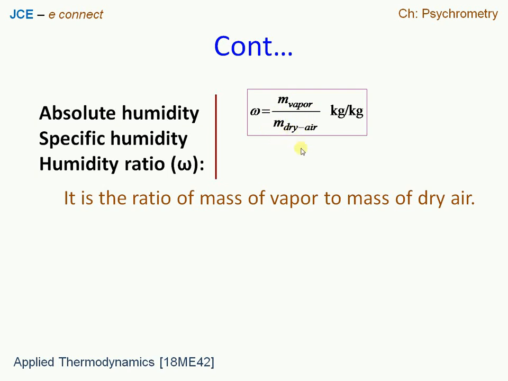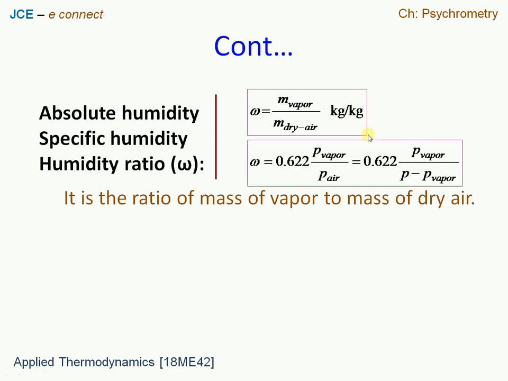Atmospheric air is most of the time a combination of dry air and water vapor, and the ratio of the amount of vapor to that of dry air is called absolute humidity. Its unit is kg of vapor per kg of dry air, or simply kg/kg of dry air. Using the PV = mRT equation, one can replace the mass of vapor and express this as omega equals 0.622 times the partial pressure of vapor divided by the partial pressure of dry air.